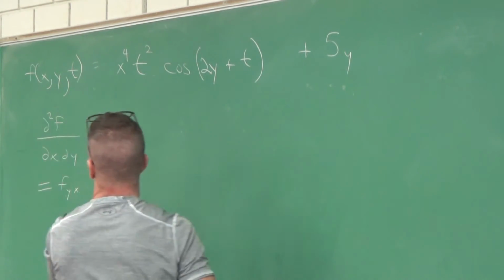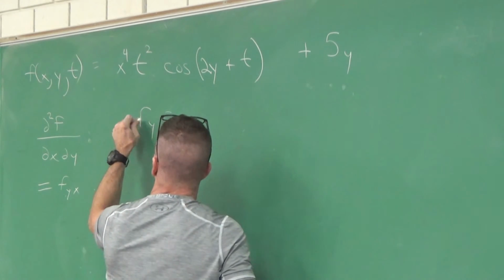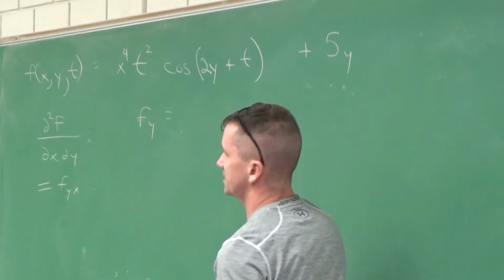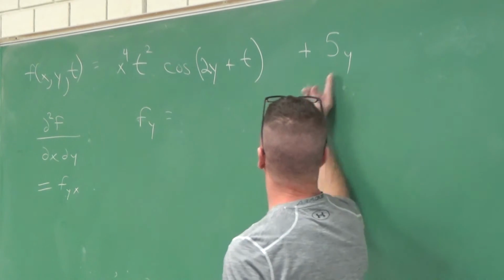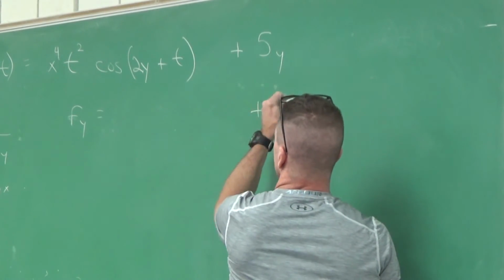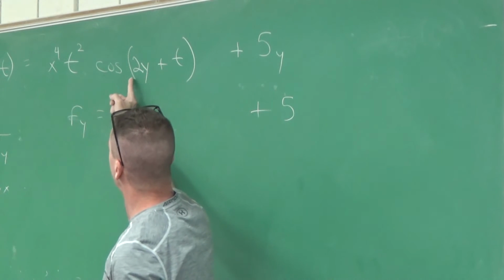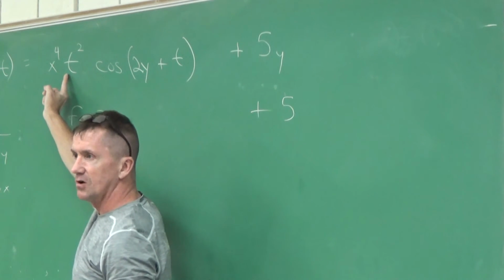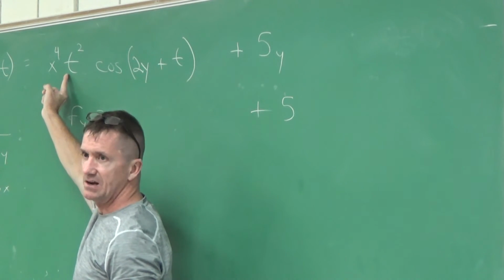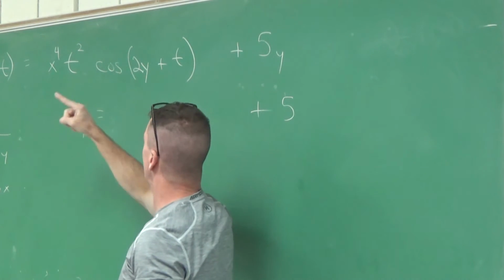Okay, so if it means this, then let's find this first. What is the first partial with respect to y? Well, that's easy. What will that become? 5. That's 5. Oh, and get this right. Do y'all agree? We're doing partial derivatives with respect to y, so x and the t's are all constants. So they stay, don't they? What's this cosine become? Negative sine. Now what about the 2y?